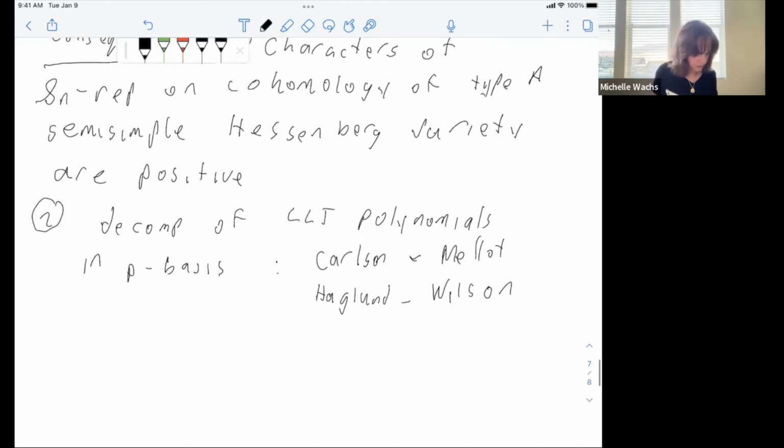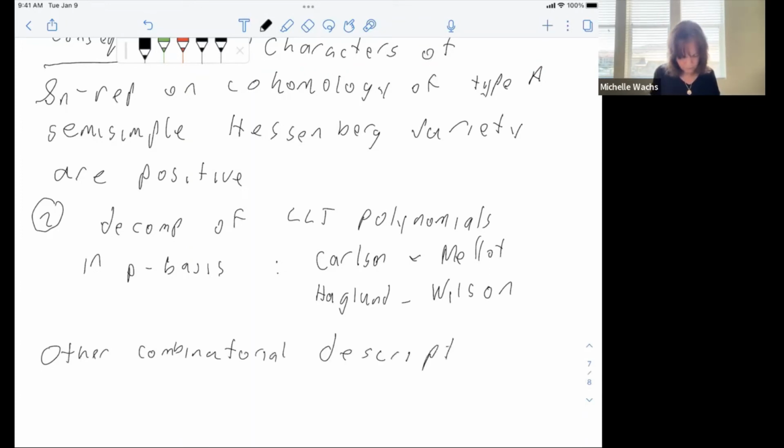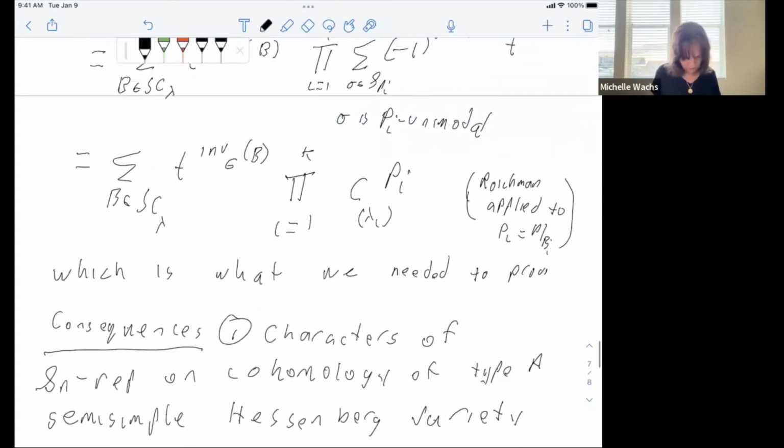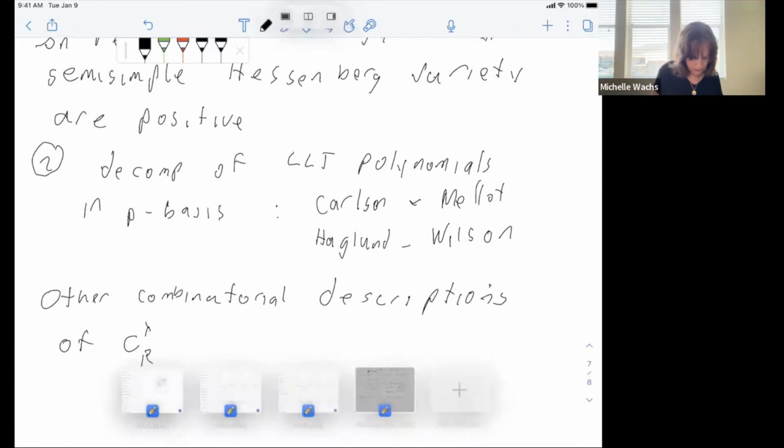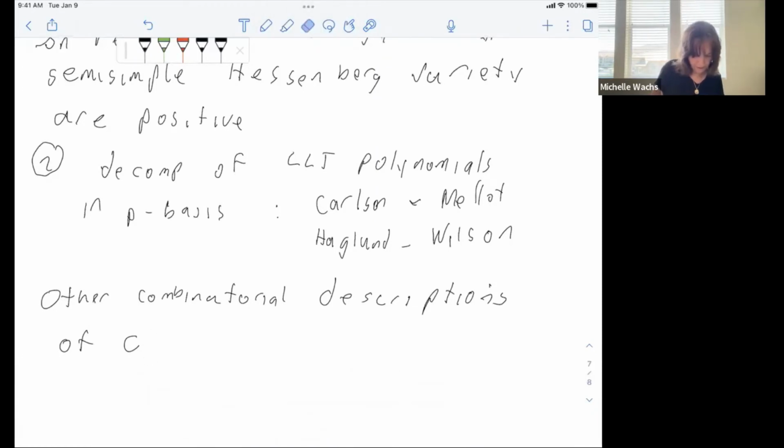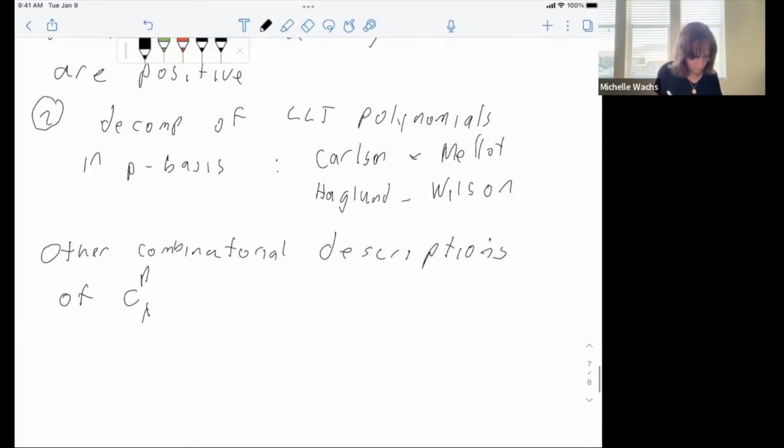There are some other combinatorial descriptions of the coefficients. I forgot if I put the P on top and the lambda. One is due to Skandera and Hyatt, and I think there are other authors.